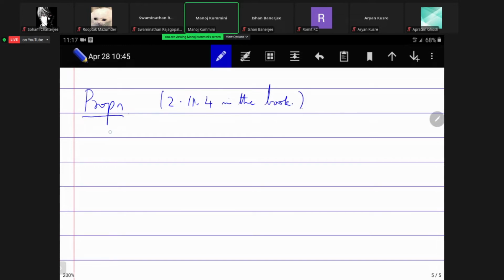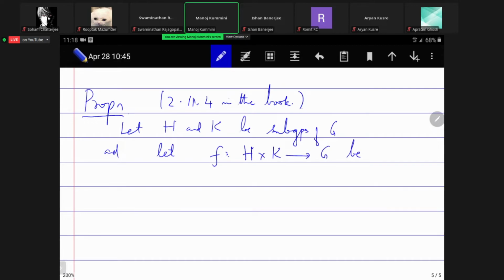Let H and K be subgroups of G, and let f from the Cartesian product, just a set, H cross K to G, be the function f of (h, k) equals h times k.